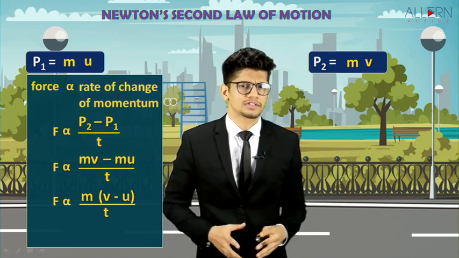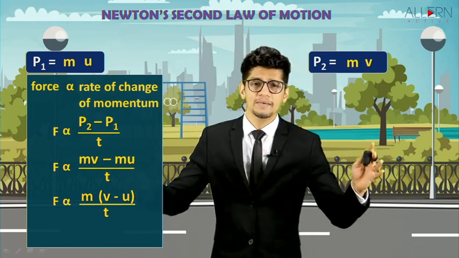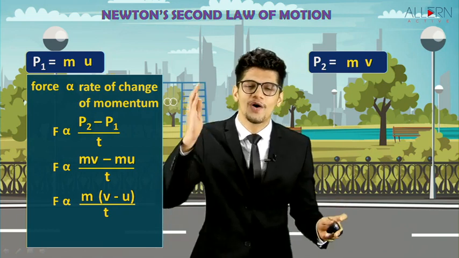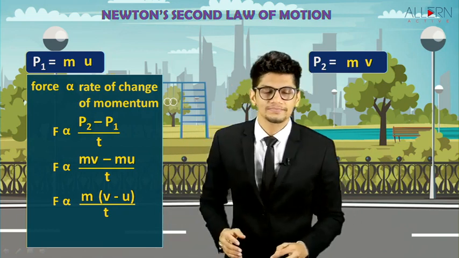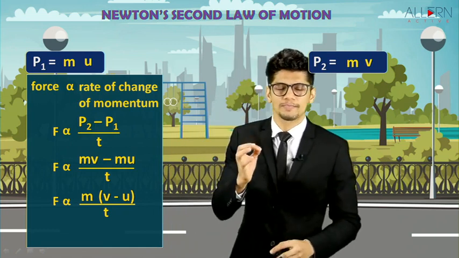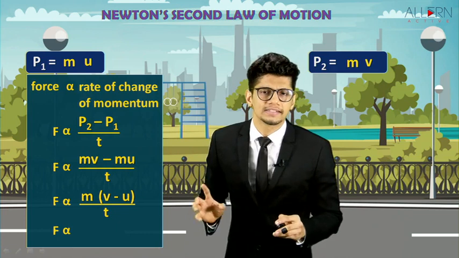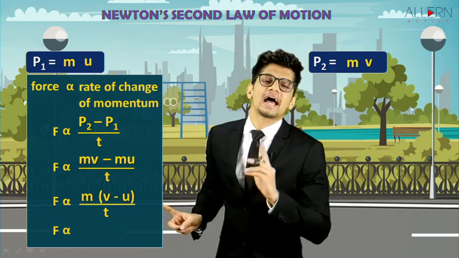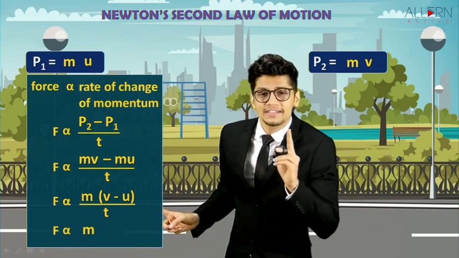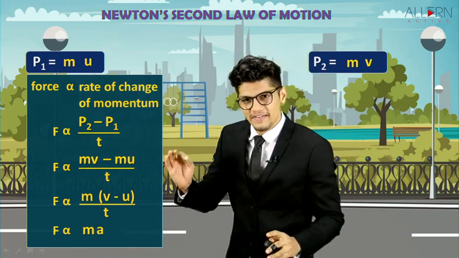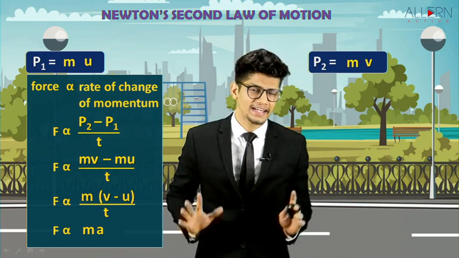Now think about this: v minus u upon t is the formula for acceleration, denoted by small letter a. So F alpha m remains as it is, but v minus u upon t becomes a, that is, acceleration. So we have F alpha ma right now.